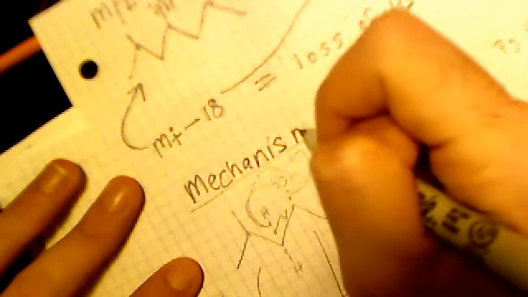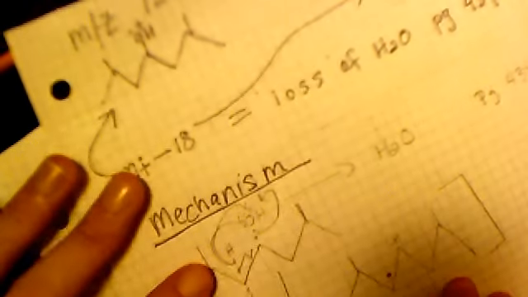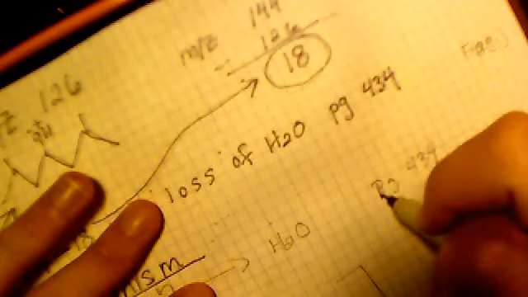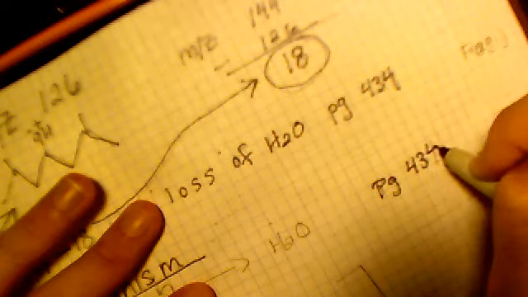Alright, so now the mechanism. I kind of understood the mechanism. I got the mechanism for how to lose water from the book, but the eventual product I'm not 100% clear on. This is from page 434 in the book.